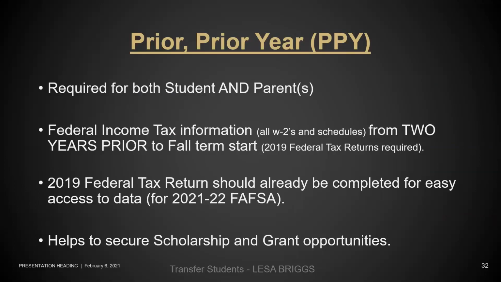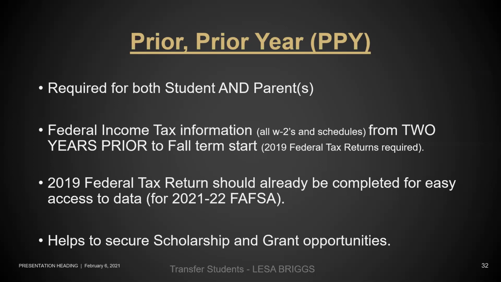So last thing, prior-prior year or PPY. You're probably wondering, if I'm starting school in fall of 2021, why do you need my tax returns from 2019? They changed that a few years ago to benefit the student because typically at this time we would be just filing tax returns for 2020, and that's the tax return that normally we would be asking for.